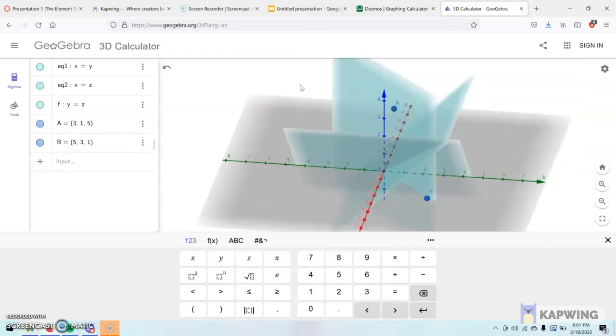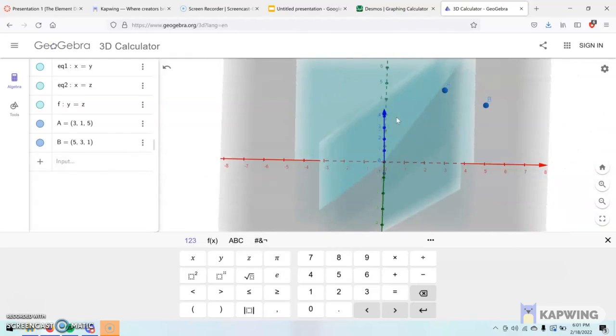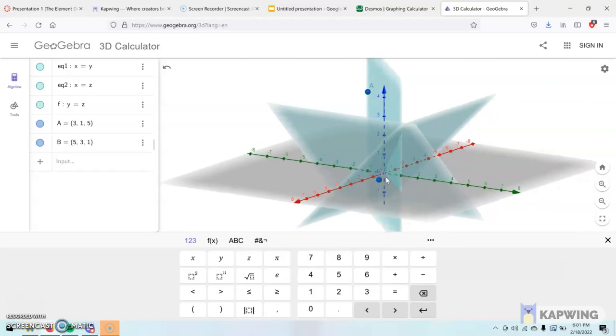Right. So this 3, 1, 5 is here. It's this one. It's in this top region over here, and this 5, 1, 3 is in this bottom region right here. And again, these different regions are different leaves.